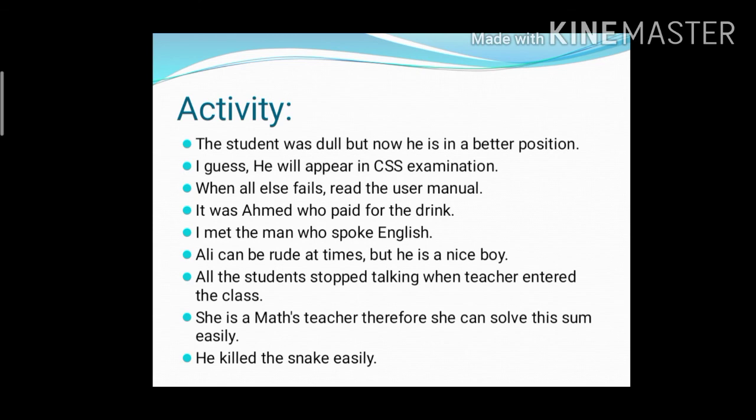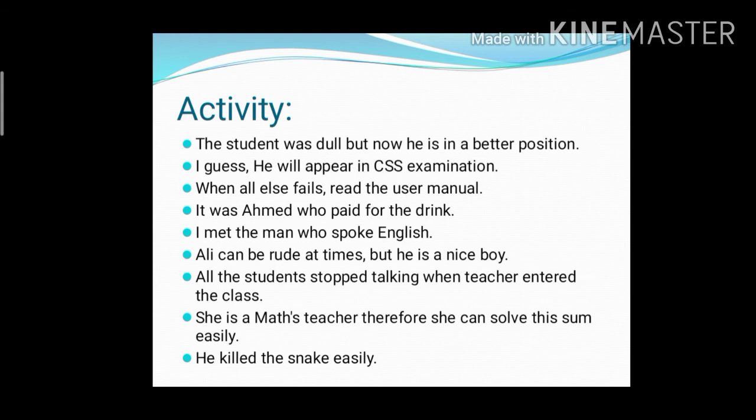It was Ahmed who paid for the drink. Here our last clause, who paid for the drink, is a dependent clause. So here it should also be referred to as a complex sentence. I met the man who spoke English.